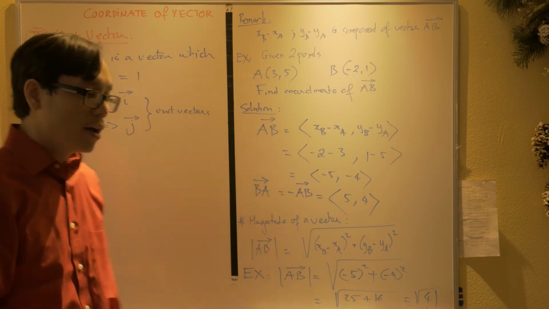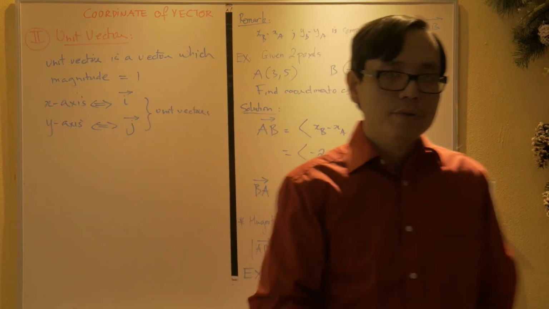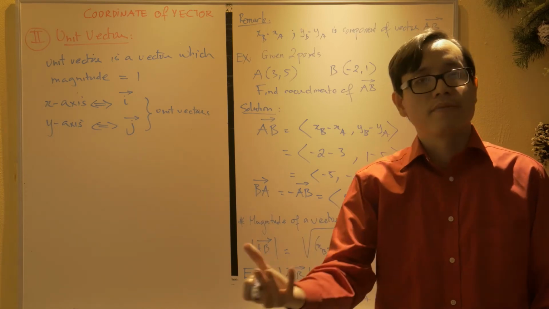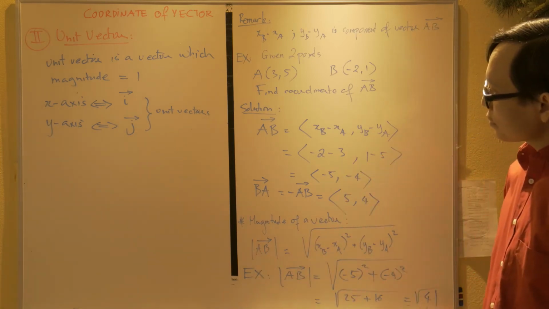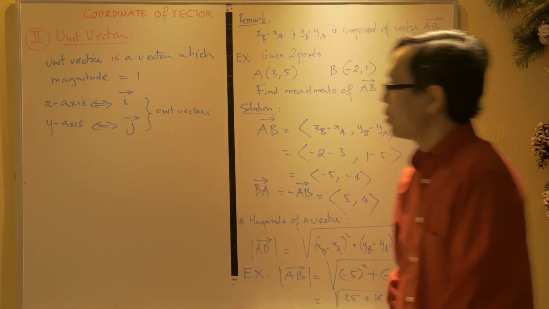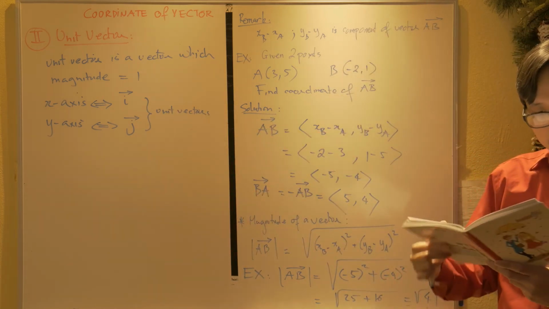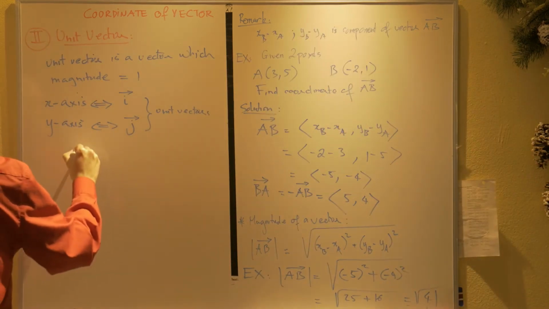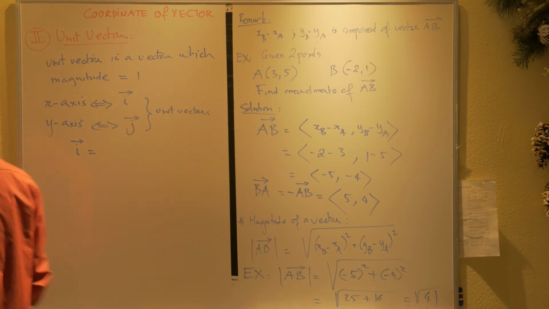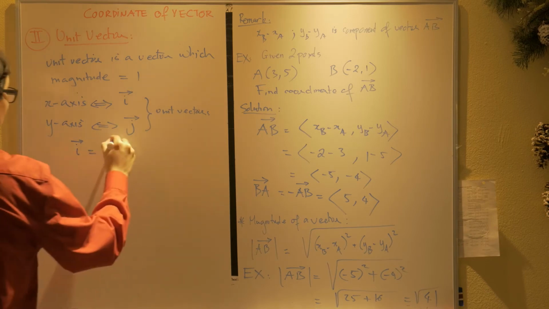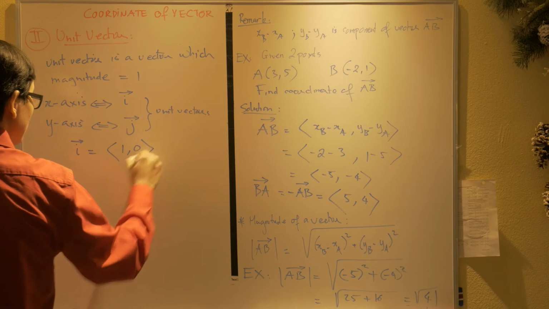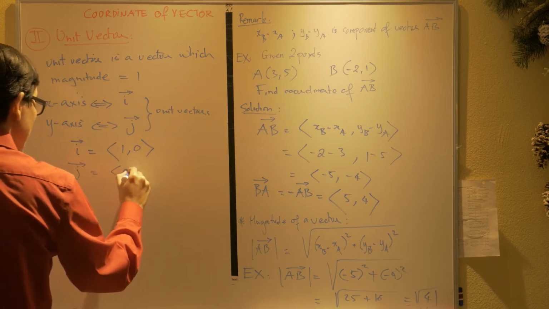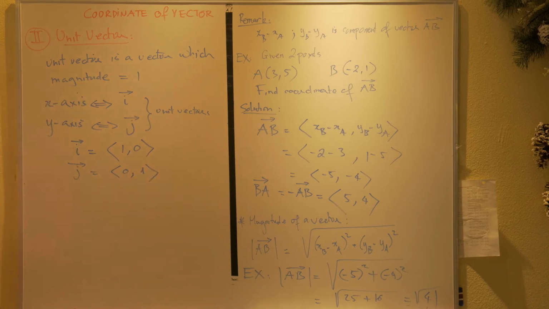Later on, we're going to learn how to find a unit vector with respect to an arbitrary vector. The coordinate of I vector is (1, 0) and J vector is (0, 1).